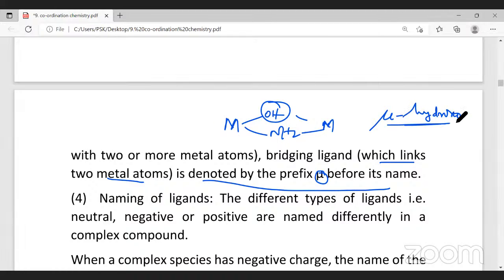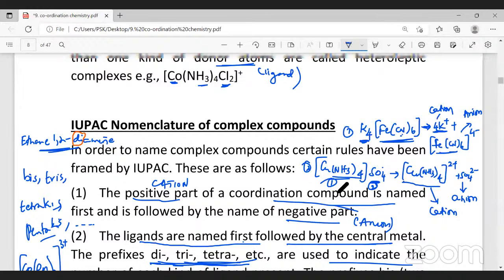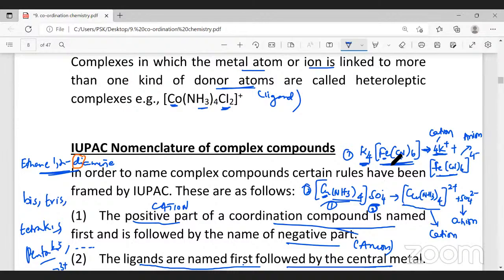So bridging ligands will be between the metals. We can have 2 or more metals. In the previous examples, these are not bridging ligands, because we have only 1 metal atom in the complex. Since we have only 1 metal in the complex, these cannot be called a bridging ligand.